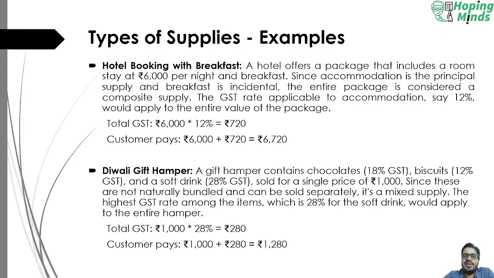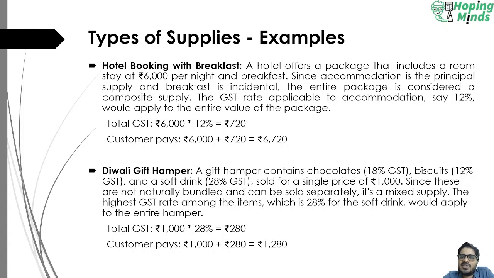Next we have hotel booking with breakfast. So what kind of supply is this? Is this a composite supply or a mixed supply? So let us see the question first. A hotel offers a package that includes a room stay at rupees 6,000 per night and breakfast.